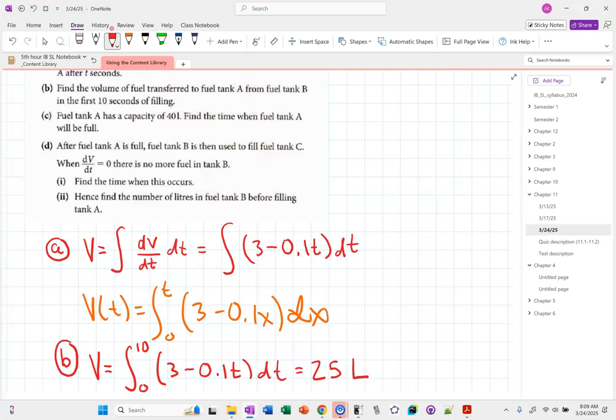Fuel tank A has a capacity of 40 liters. Find the time when fuel tank A will be full.